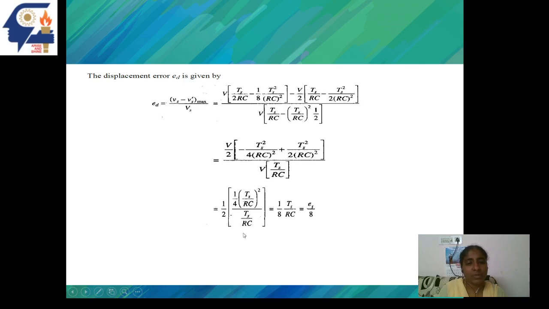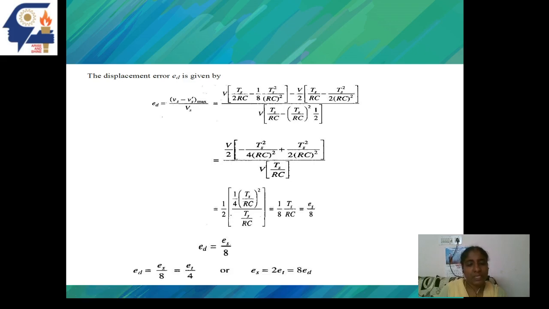Here one Ts by Rc will get cancelled, so only one Ts by Rc is there. 1 by 2 into 1 by 4 becomes 1 by 8. So displacement error we are getting Ts by 8 Rc. Sweep error is Ts by Rc, displacement error is Ts by 8 Rc. Hence it is 1 by 8 times of sweep error.